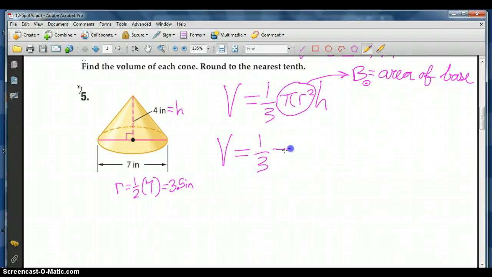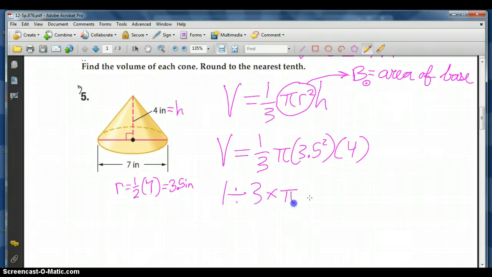So 1/3 times pi times 3.5 squared times height, 4. And just type all that in. 1 divided by 3 times pi times 3.5 squared times 4. And that would round to 51.3 cubic inches.